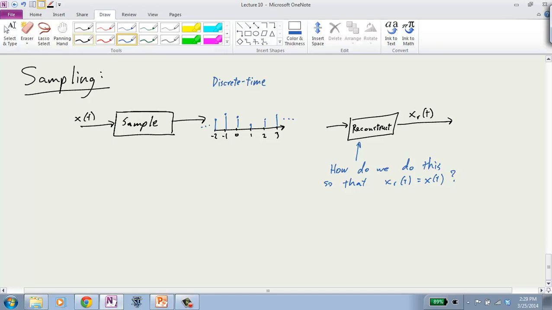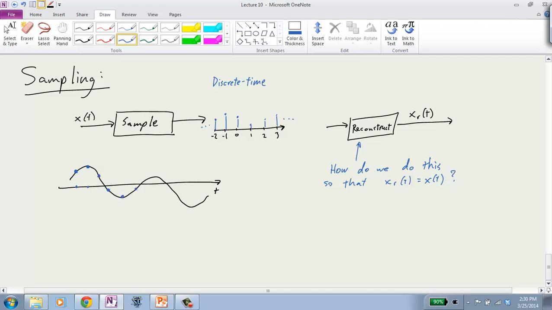Now let me show you what we meant by sampling. If we drew some x(t), the usual method for sampling is that at these uniform places in time, you just take the value of your continuous time signal, and that becomes your sample.